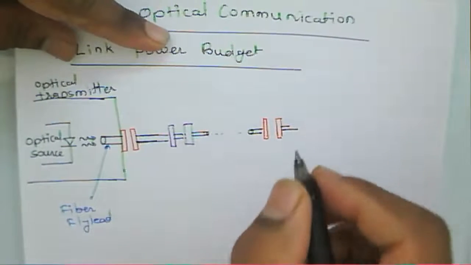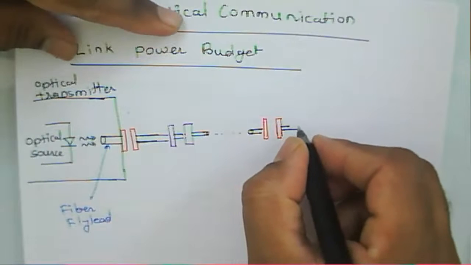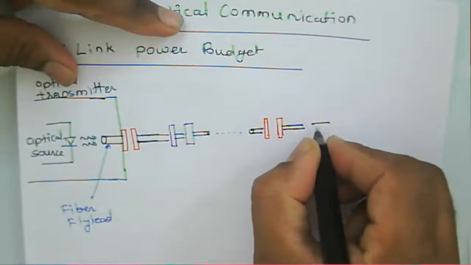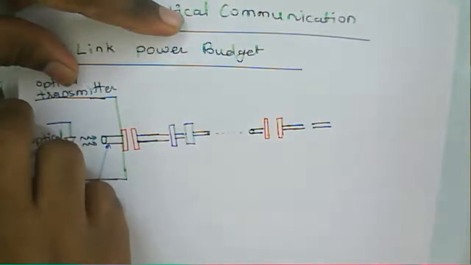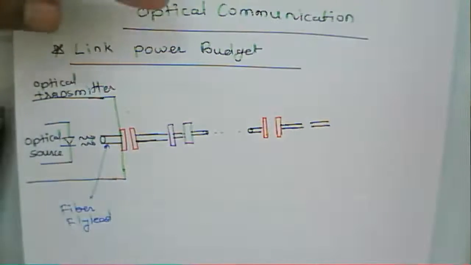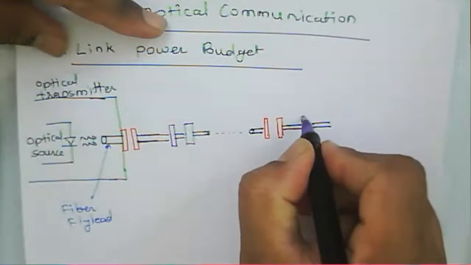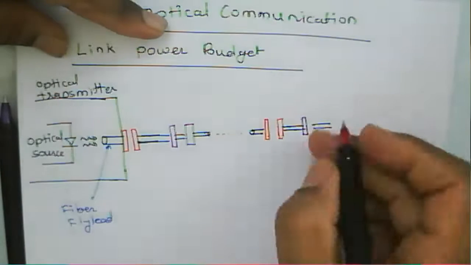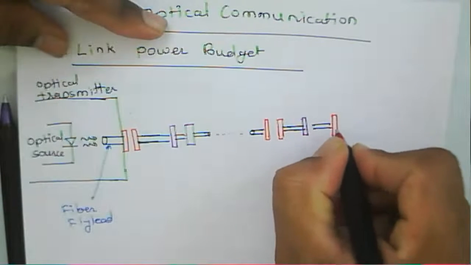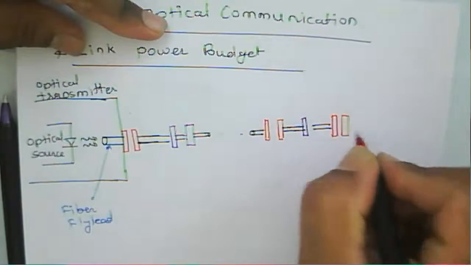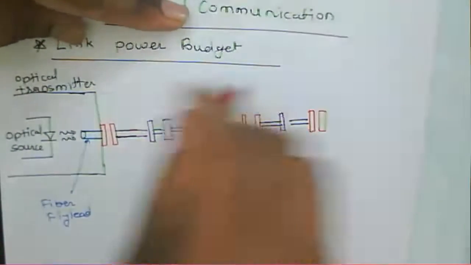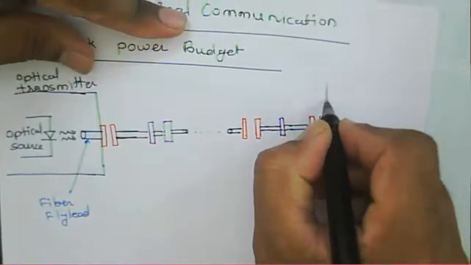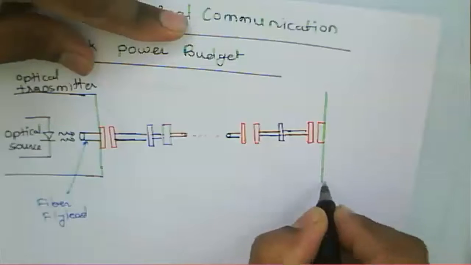Then your optical fiber, and for this given length of the fiber there is a splice, then there will be a connector, and at the end we have the optical receiver.